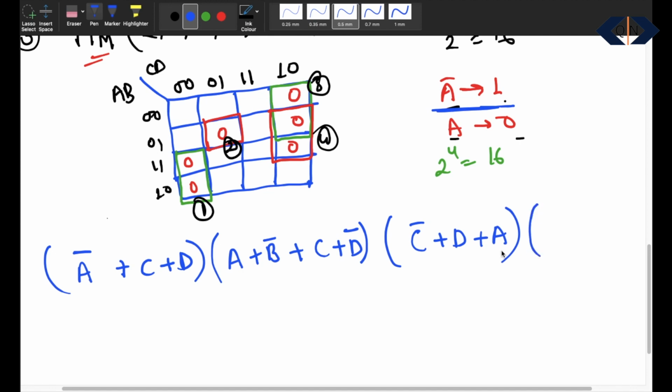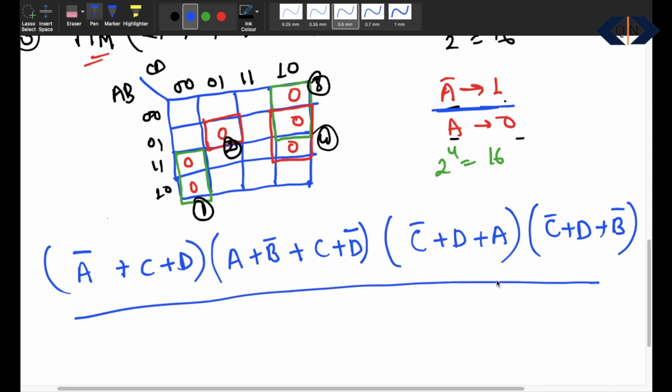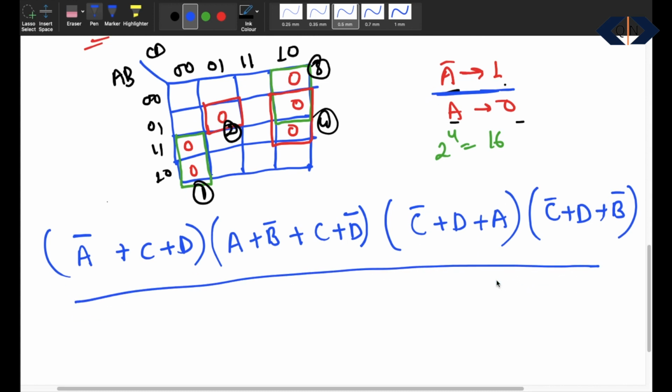Now our fourth group. In the fourth group, what is constant? 1 0 is constant, which is equivalent to C bar plus D. And what is constant here? Here B is constant, which is equivalent to B bar. So this is the final solution.